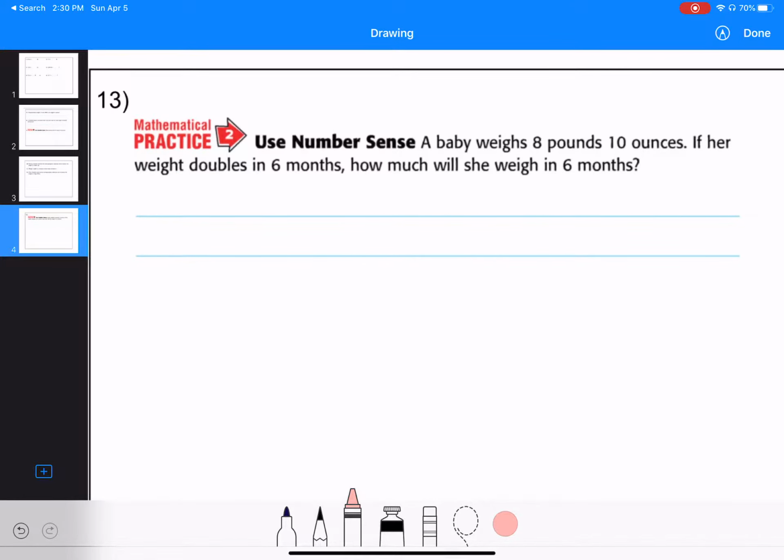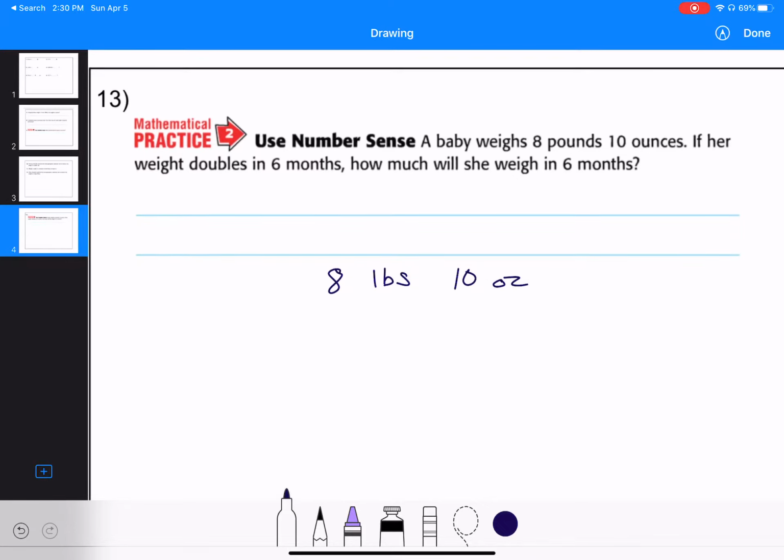Finally, a baby weighs 8 pounds 10 ounces. If her weight doubles in 6 months, how much will her weight be in 6 months? Well, let's go to this problem and say if she weighs 8 pounds and 10 ounces, and we doubled this, we could actually double both of them. And she'd have 16 pounds and 20 ounces.